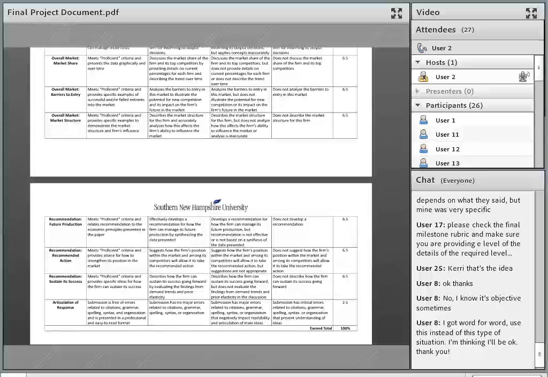So the overall market ones, again, are ones that, especially for those of you who determine that the industry your firm is in is either a monopoly or an oligopoly, you'll probably want to revisit and see if there's anything you want to add now that we've 100% completed our reading and discussion about those market structures.